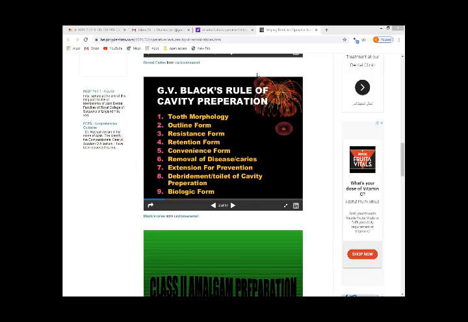So the cavity will be designed such that it is narrower from the occlusal surface, then we'll go straight with this straight line of the cervical margin. So it will be like a box, a sharp box, having a buccal straight wall and a lingual straight wall, and we are saving the ridges. We will save the buccal ridge, the lingual ridge, and we will also save the cervical margin.